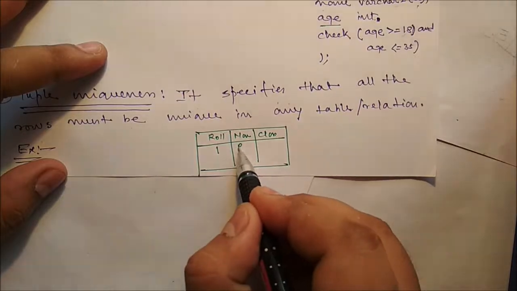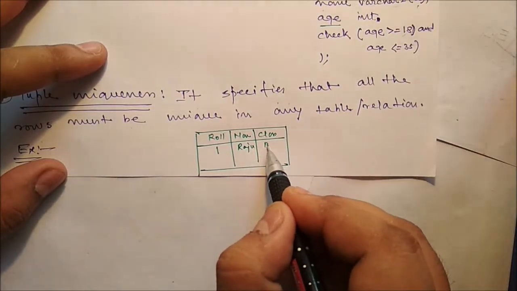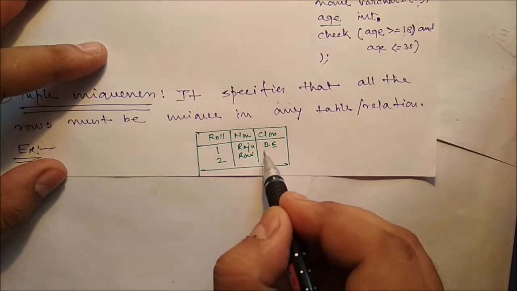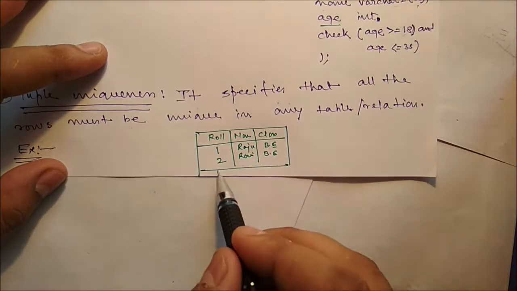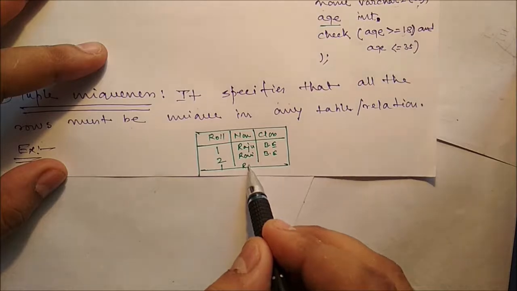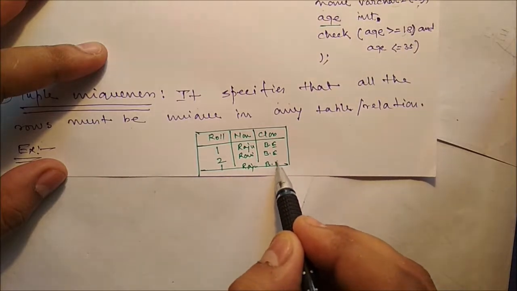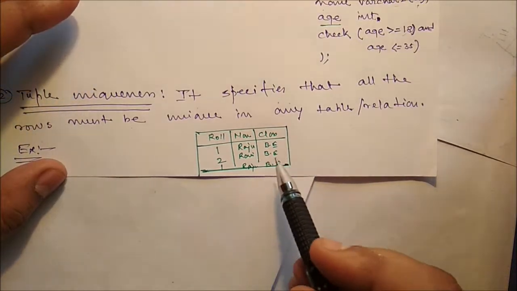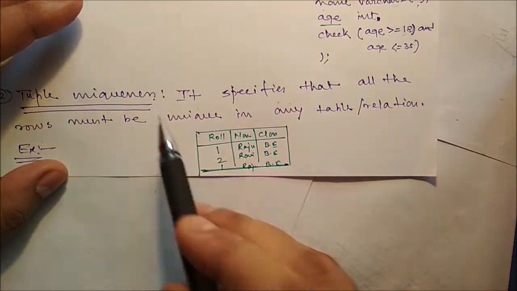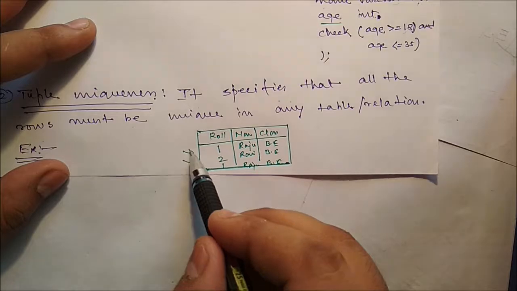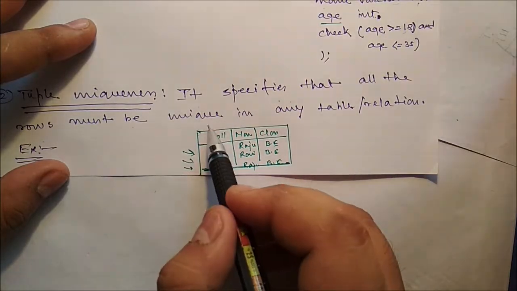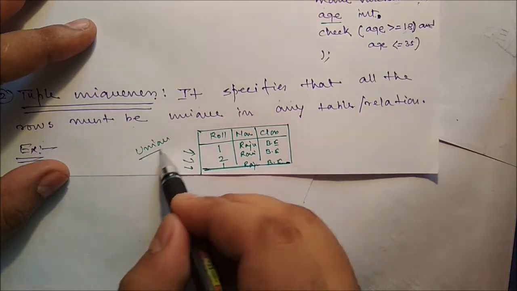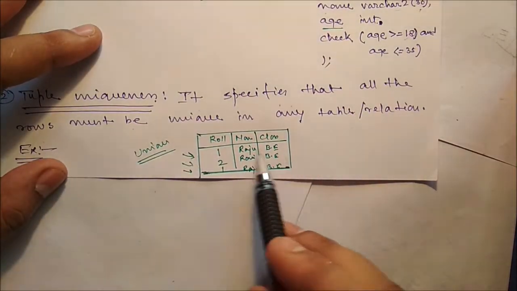Roll number 1, name Raju, class B. Roll number 2, Rani, class B. Now we cannot put one more 1, Raju and B. We cannot put this particular line, because it is a violation of tuple uniqueness. Remember one thing, all the rows in a relation or table must be unique.